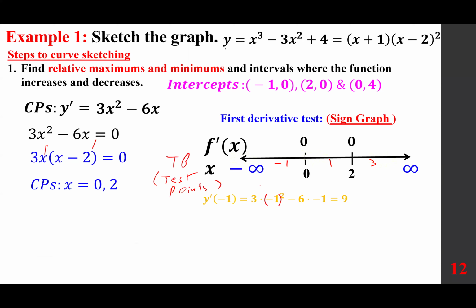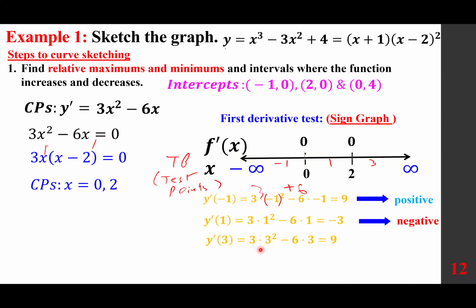We plug in -1, so it's positive. You plug in 1, 3 times 1 squared minus 6 times 1 is -3. This one I had done for you, it's negative. And if you plug in 3 also, 3 squared is 9 times 3, 27 minus 18 is 9, which is positive. And there you have it.